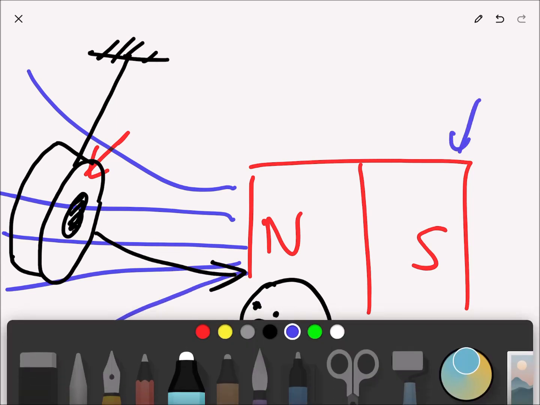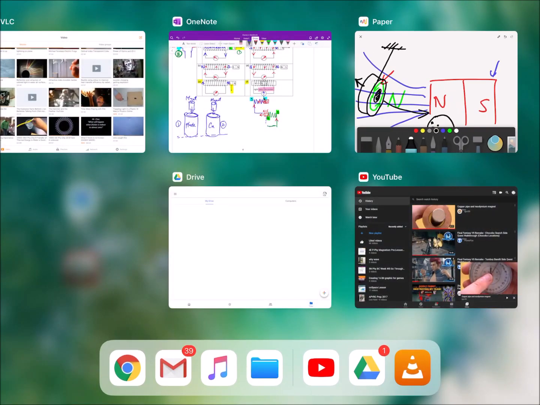As a result, by Faraday's law, there will be an induced current flowing around the copper ring, and by Lenz's law, the direction of this induced current will be such that it induces an opposing pole, right? Because of that, there will be a resisting force acting on the copper ring, and it will slow down and come to a stop.